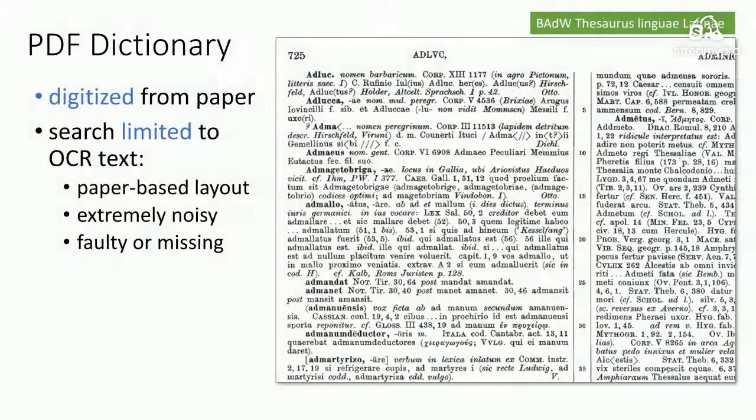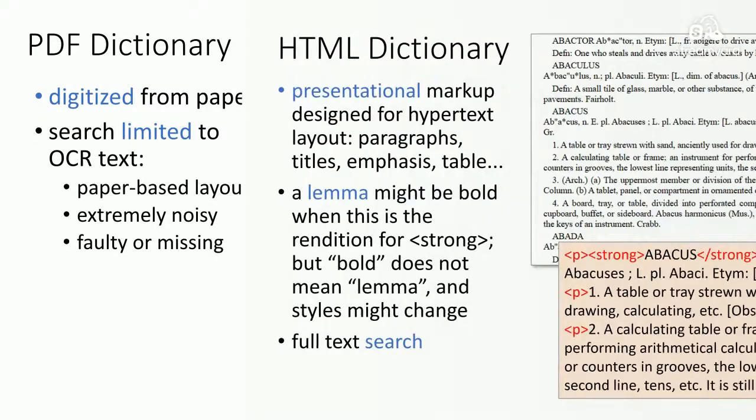We can transfer the dictionary's text from paper to a digital medium using PDF, and that's essentially digital paper. If it's not just an image and its text was successfully recognized, at least we can use a full text search. Of course, looking for a word in a dictionary in this way is like finding a needle in a haystack. For instance, if you look for a specific lemma, this is submerged in a sea of other words in the text of the full dictionary.